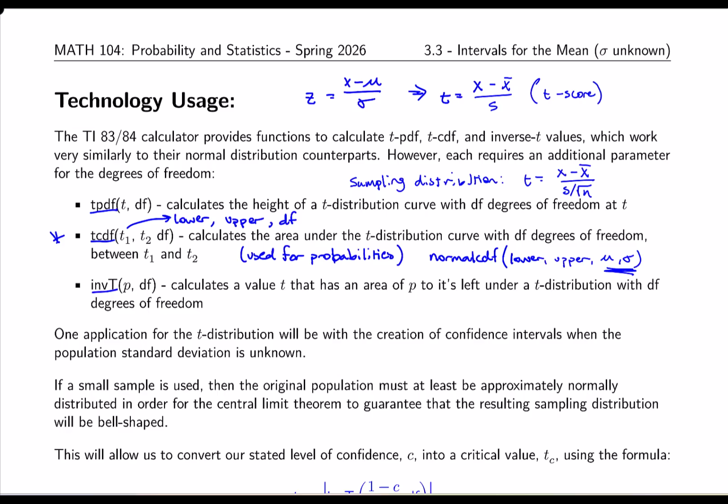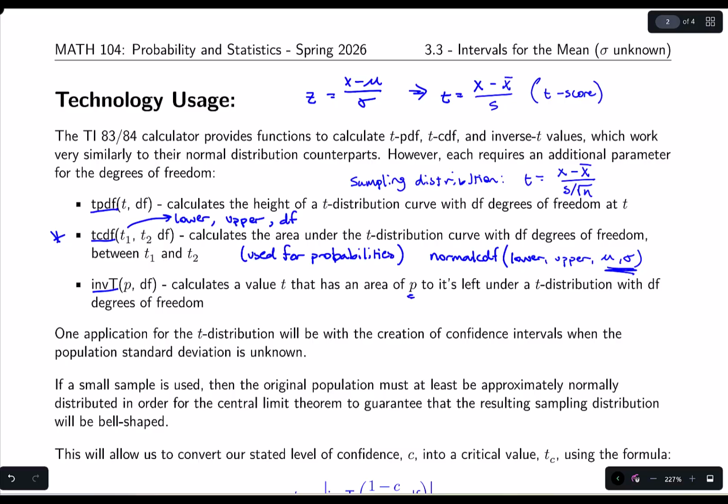Inverse t. Inverse t calculates a t-value or t-score, which has an area of whatever p your input is here to its left. That's really important because there is no option to change it to right-oriented area or center-oriented area with respect to the inverse t function.